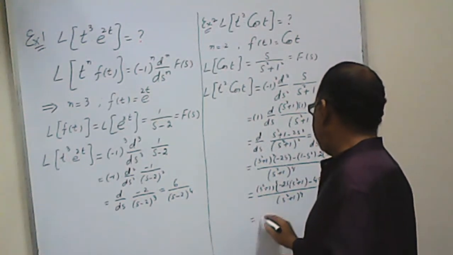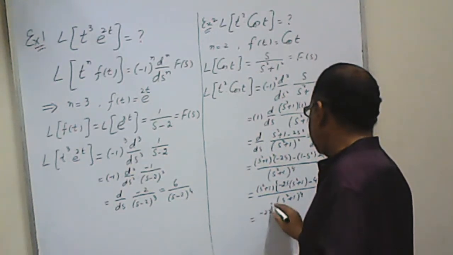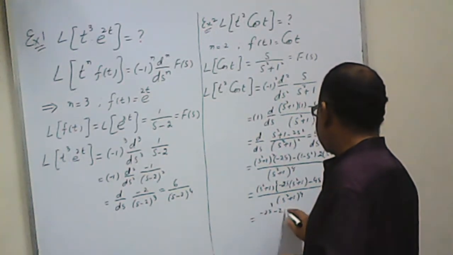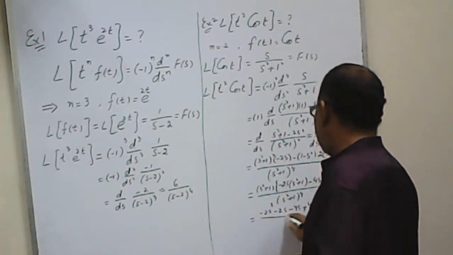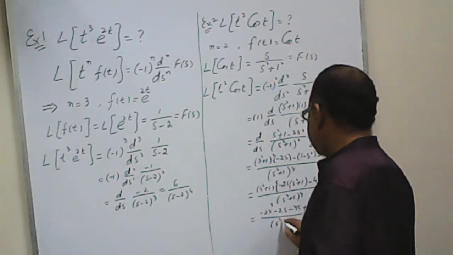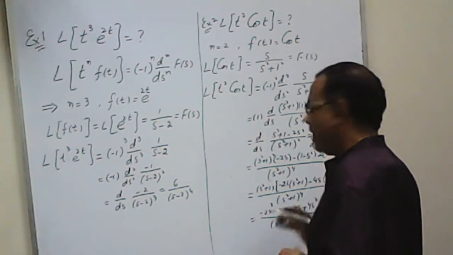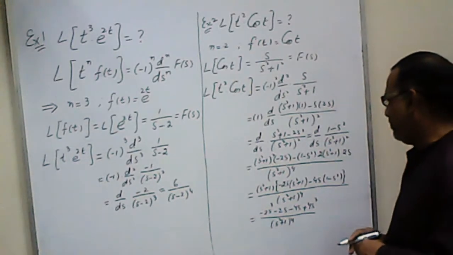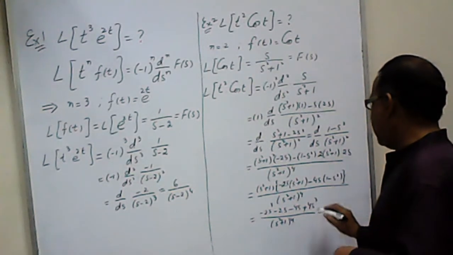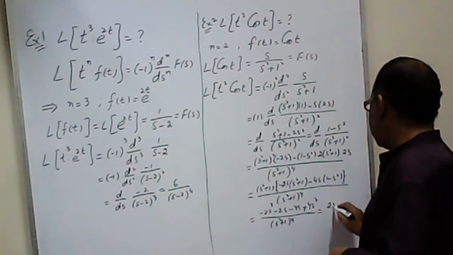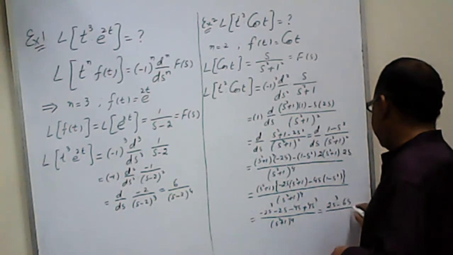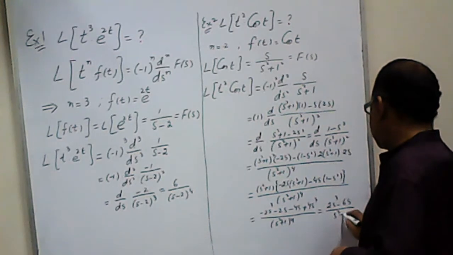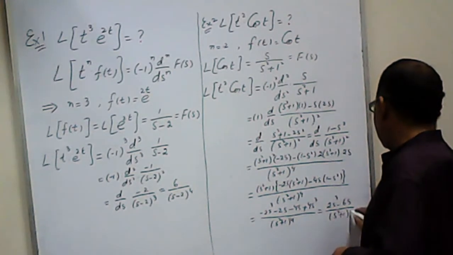So the numerator will become minus 2s cube minus 2s minus 4s and plus 4s cube, whole divided by s square plus 1 whole power 4. And then finally I can easily write 2s cube minus 6s divided by s square plus 1 whole cube.